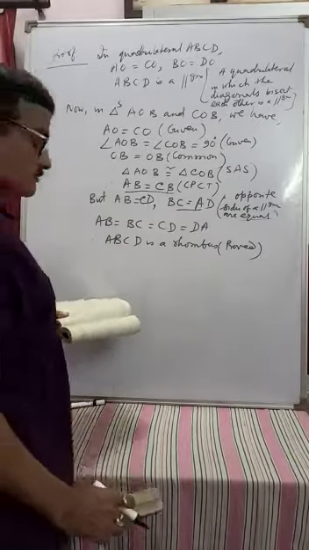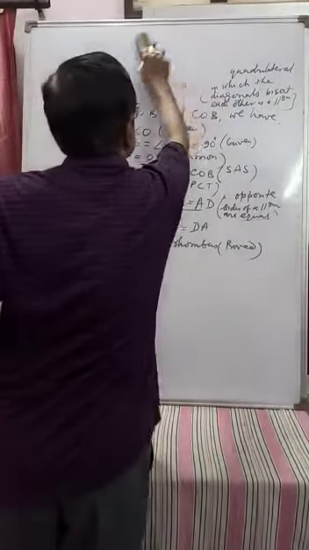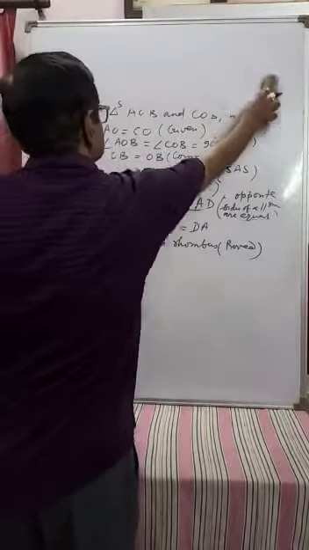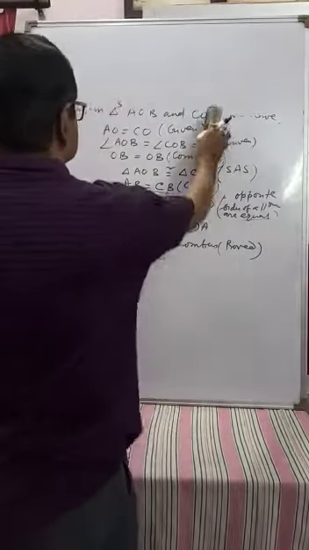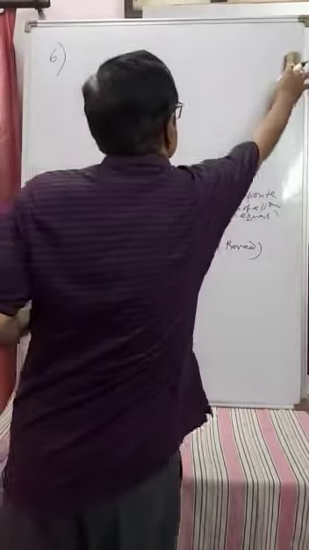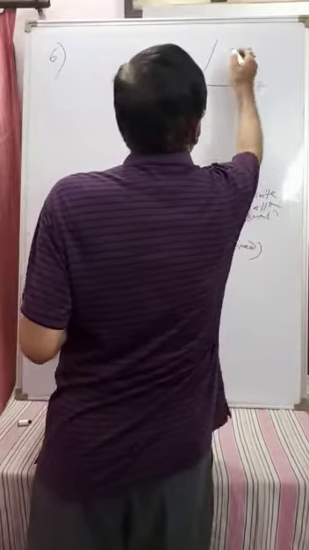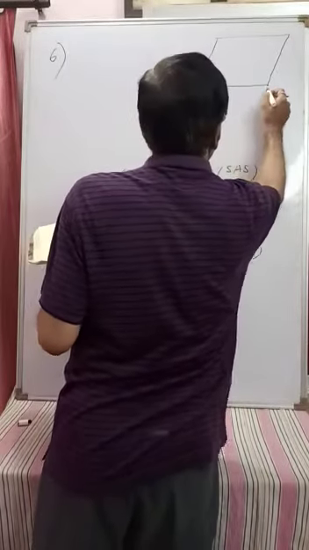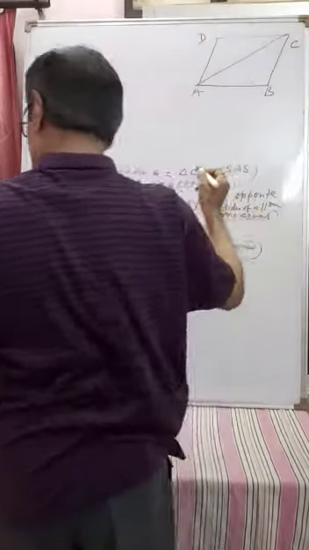Now question number 6 we will do. The figure is given in this question: A, B, C, D, and this is the diagonal.